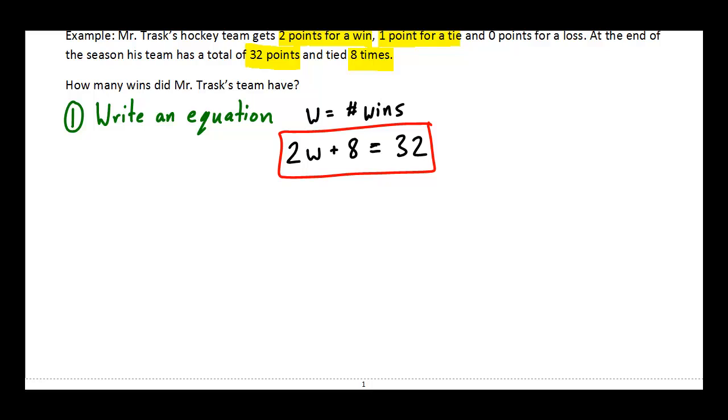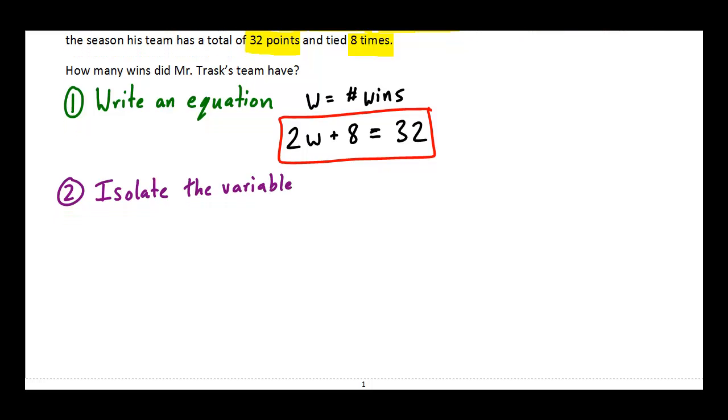All right, the next step is the big one, and this is something called isolating the variable. So what do we mean by isolating the variable? Well, to isolate means to be on its own.